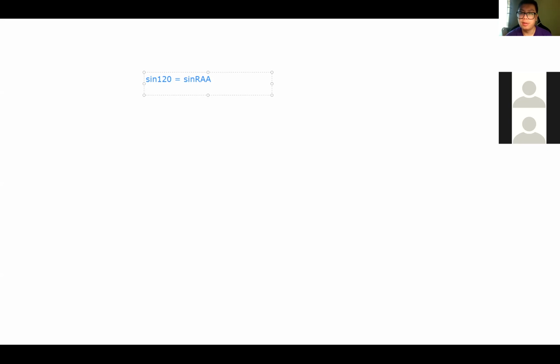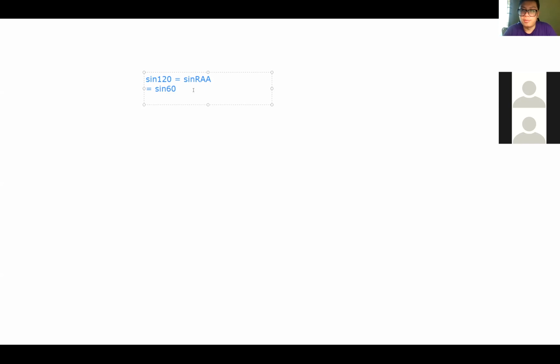Which one is smaller out of those two? That will be your RAA. 180 subtract 120 is smaller than 120 itself. So 180 subtract 120 is 60 degrees, and sine of 120 degrees is equal to sine of 60 degrees.